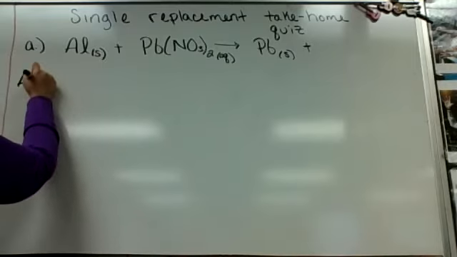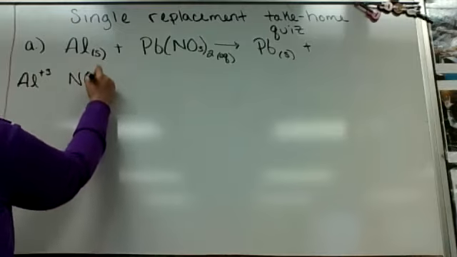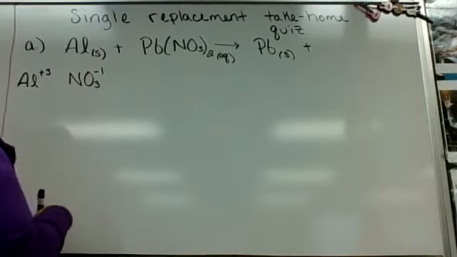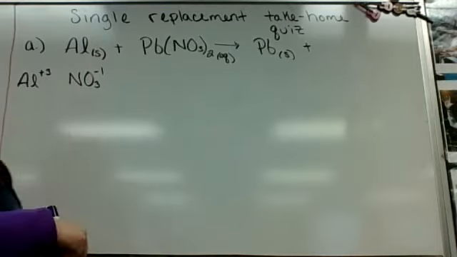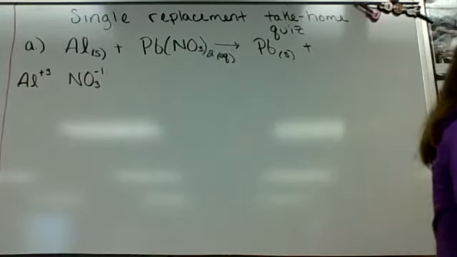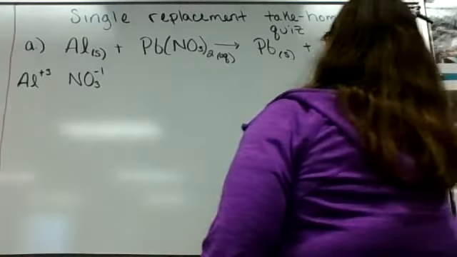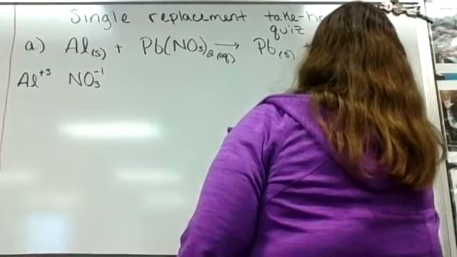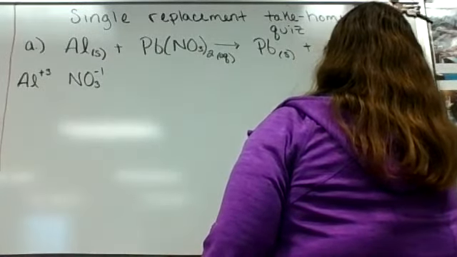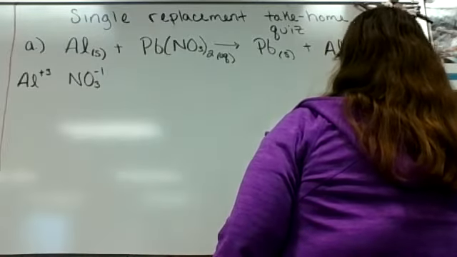So Al is a +3 charge, NO3 is a -1 charge. So what is aluminum nitrate? Al +3 with NO3 -1. Right. Al(NO3)3, and that is aqueous. Now balance this.